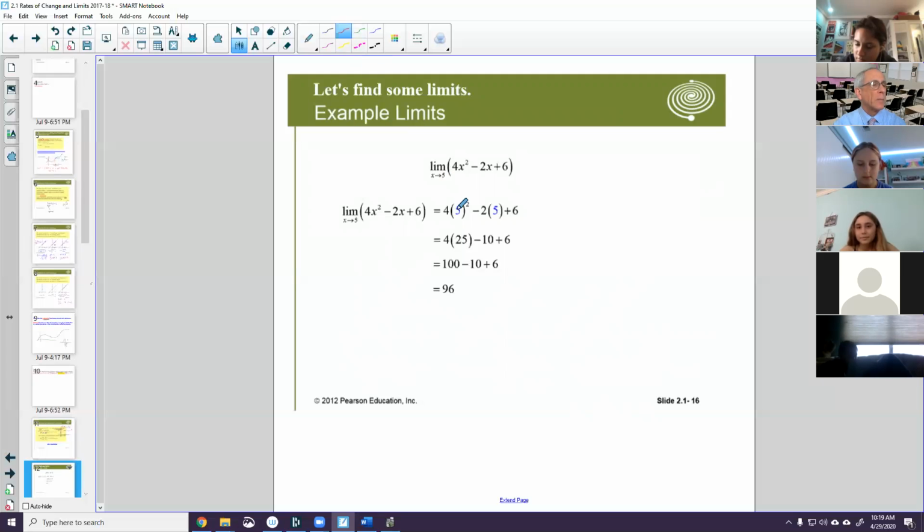So I'm trying to find the limit as x approaches 5 of this polynomial. Let's distinguish a rational function from a polynomial.